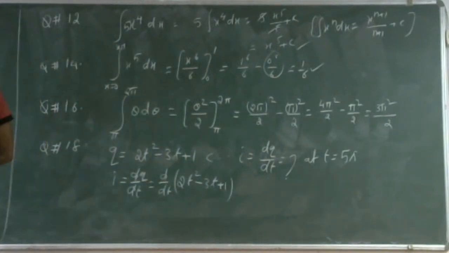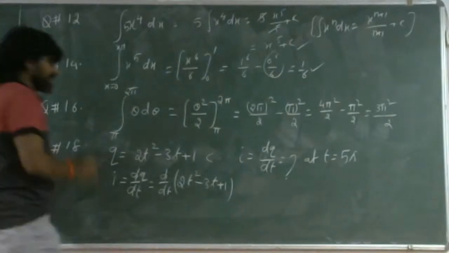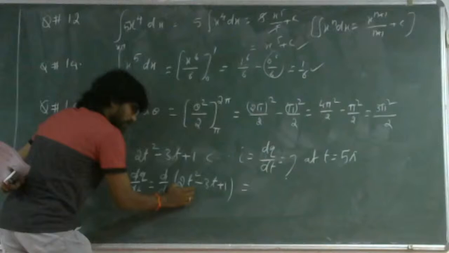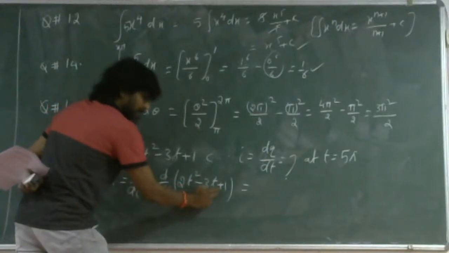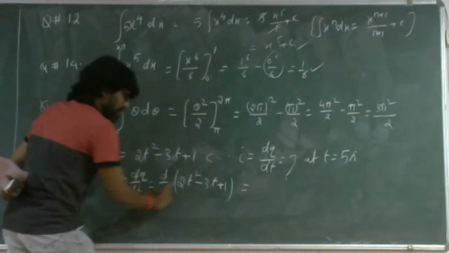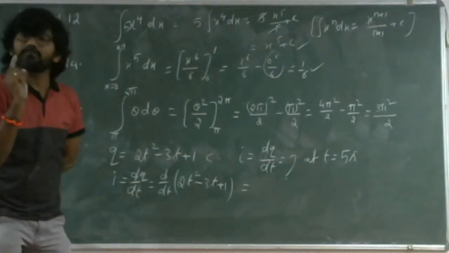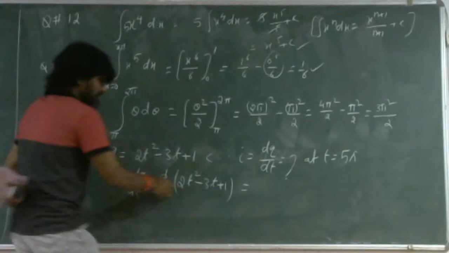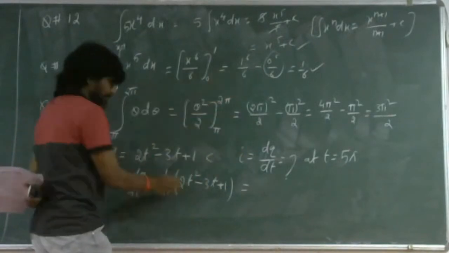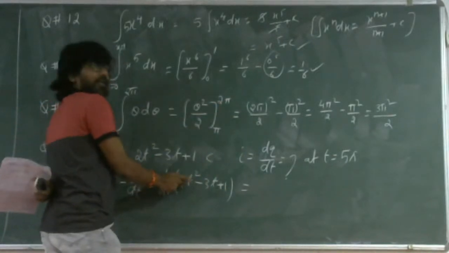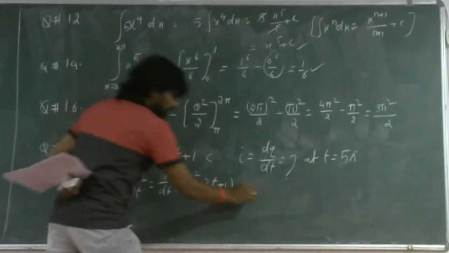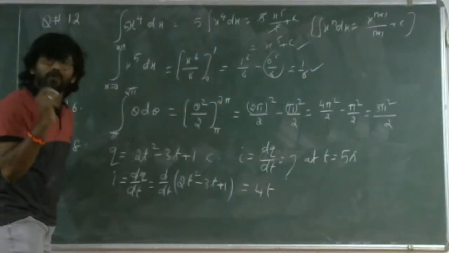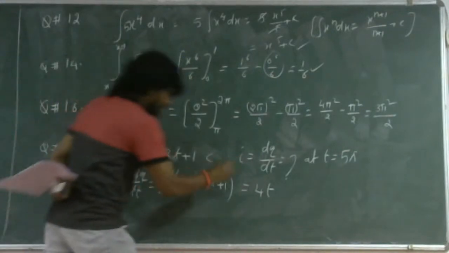Differentiation: d by dt of 2t square minus d by dt of 3t plus d by dt of 1. Where 1 is constant, so d by dt of 1 is 0. Directly I can write d by dt of 2t square is 2 into d by dt of t square, which is 2t. So 2 into 2, 4t. I am writing directly, presuming that you remember this formula.